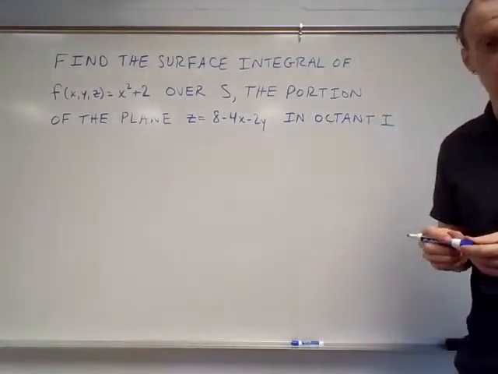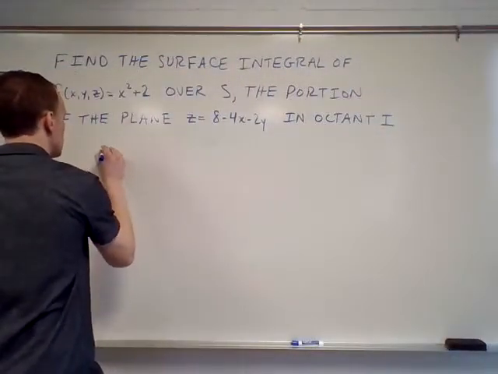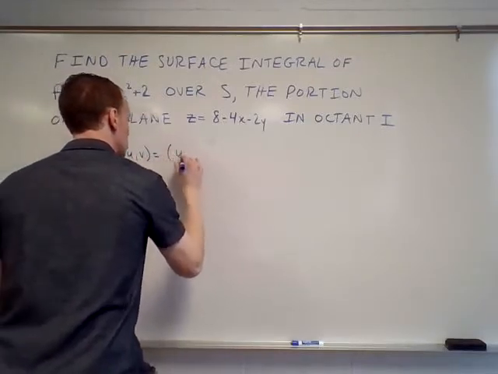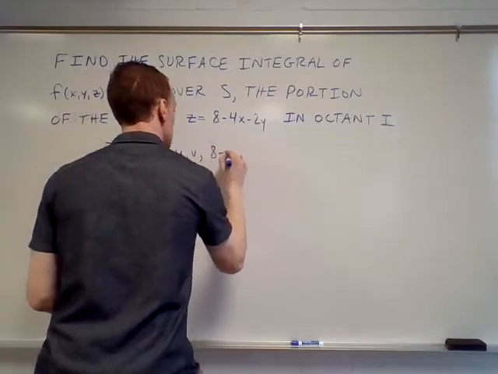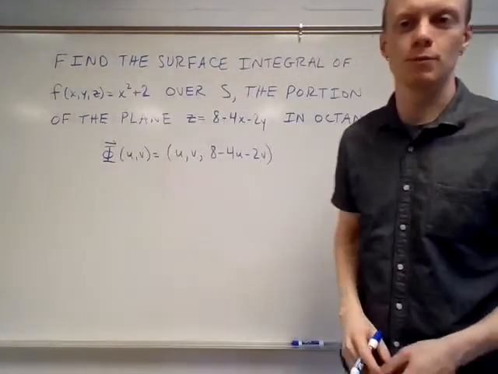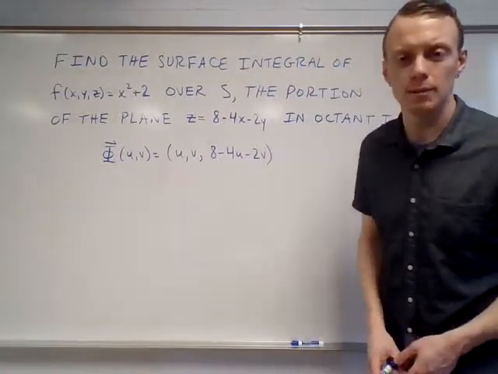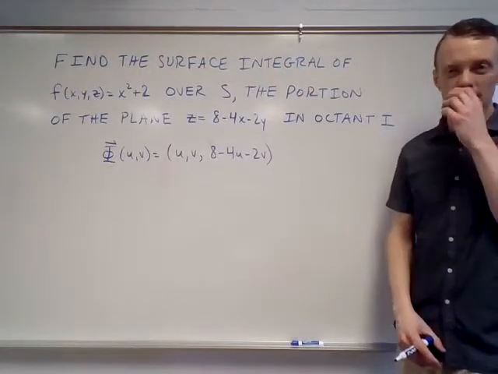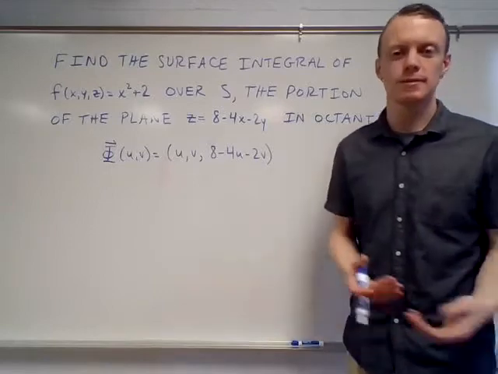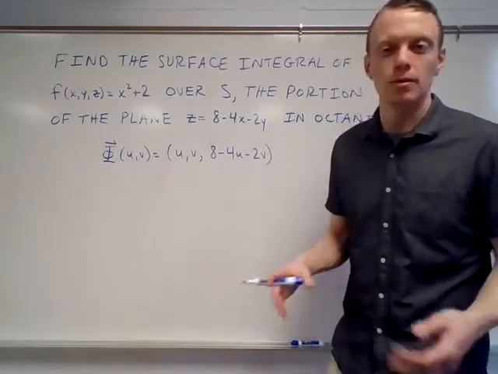We can write our parameterization as capital phi hat of u comma v is u comma v comma 8 minus 4u minus 2v. You didn't even have to make the substitutions for u and v. You could have just left them in terms of x and y. Still going to come down to the same thing in the end, so it does not matter.